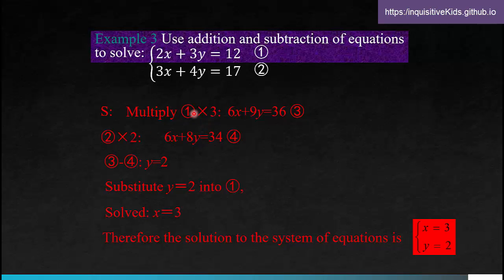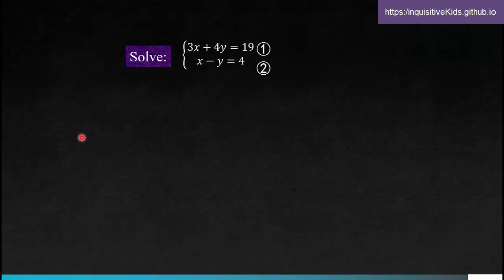So first we had to multiply the first equation on both sides by 3, and multiply the second equation on both sides by 2. Also, we can get 6x and 6x. We're trying to aim for coefficients that are either equivalent or opposite. So sometimes if the equation given is not exactly like that, you can multiply or divide on both sides to make it have the same or opposite coefficients.